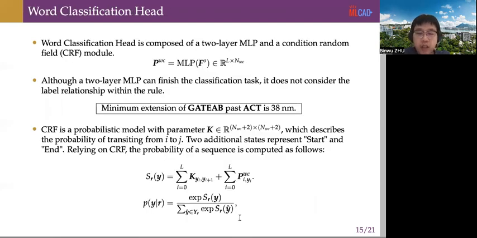And then the word classification head is composed of a two-layer MLP and a conditional random field module. A two-layer MLP first outputs the score of each word belonging to each semantic role. Although this result can be used to conduct the classification task, it is not enough. This is because MLP does not consider the label relationship within the rule.